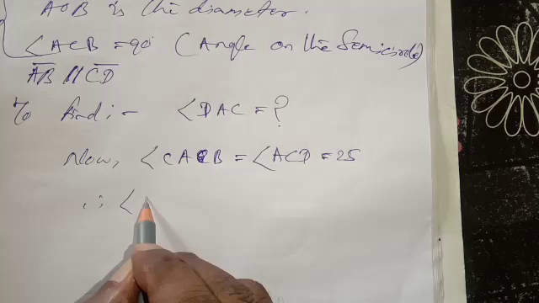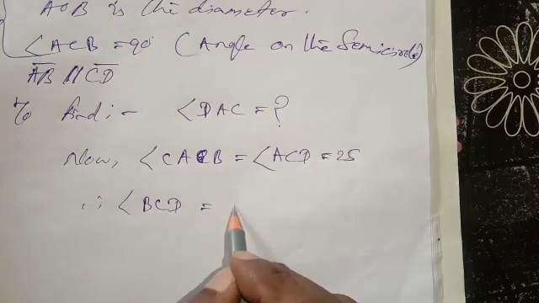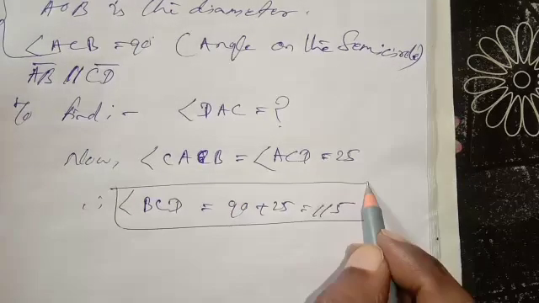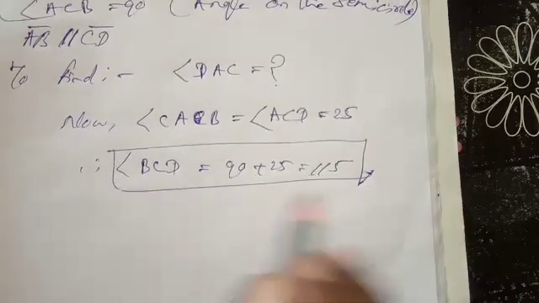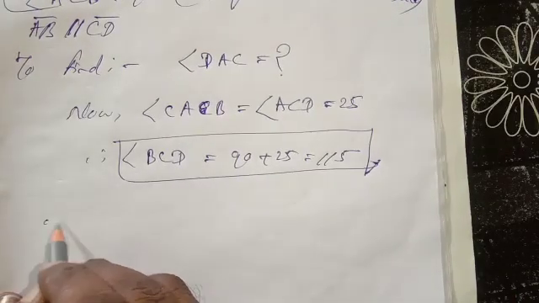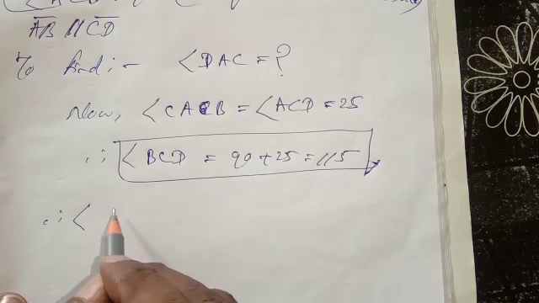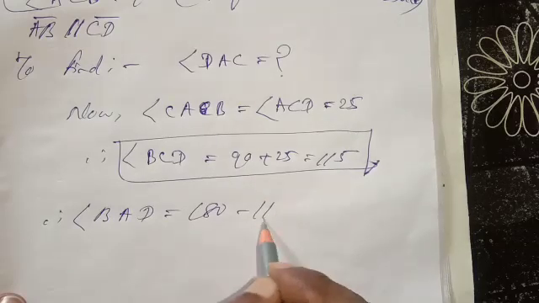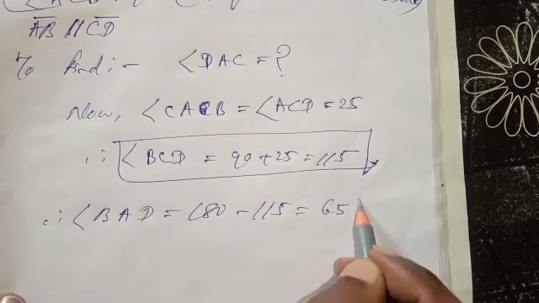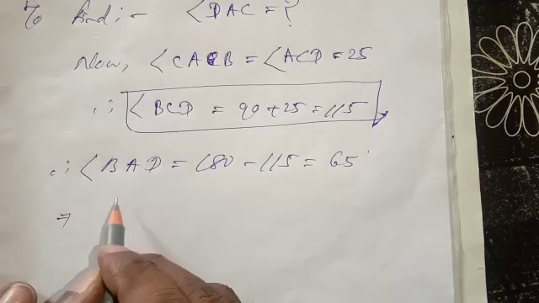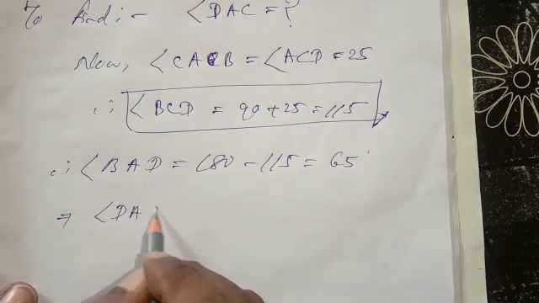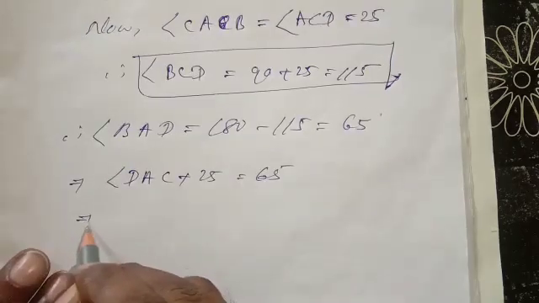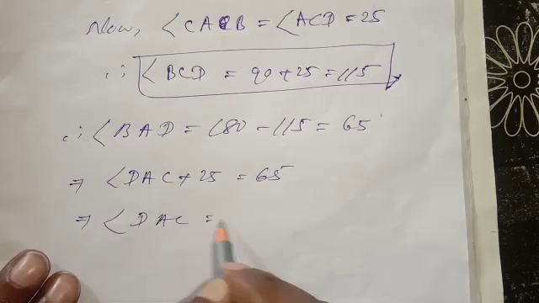Therefore, angle BCD will be 90 plus 25, which is 115 degrees. Now, the sum of the opposite angles is 180 degrees. Therefore, angle BAD will be 180 minus 115, which is 65 degrees. BAD is angle DAC plus 25, equal to 65. Therefore, angle DAC is equal to 40 degrees.